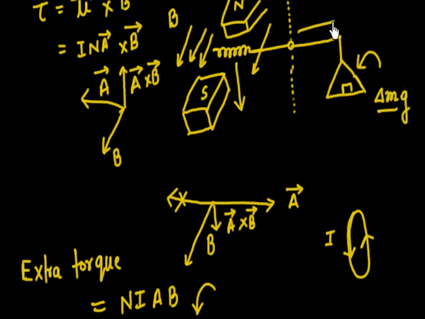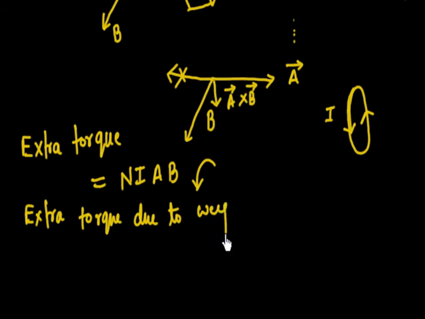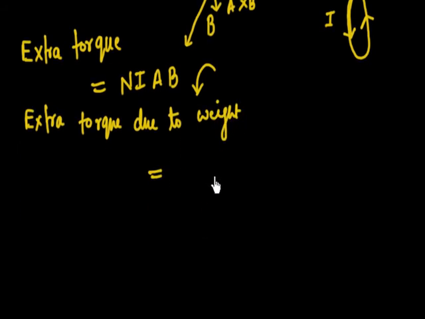This length is L, multiplied by the weight. So the extra torque due to the bit will be equal to delta M, Z, g is gravity, multiplied by the length L. Are you getting or not?